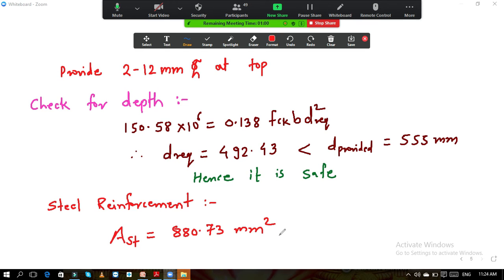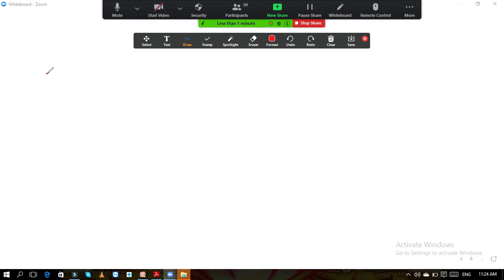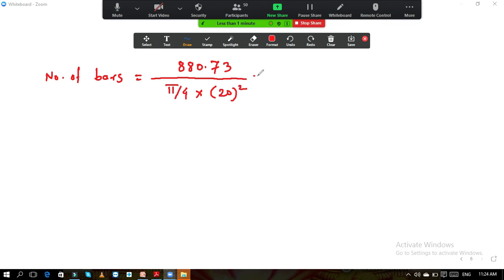Now we have assumed 20 mm bar diameter. So calculate the number of bars. So the number of bars is equal to 880.73 whole divided by pi by 4 into 20 square.